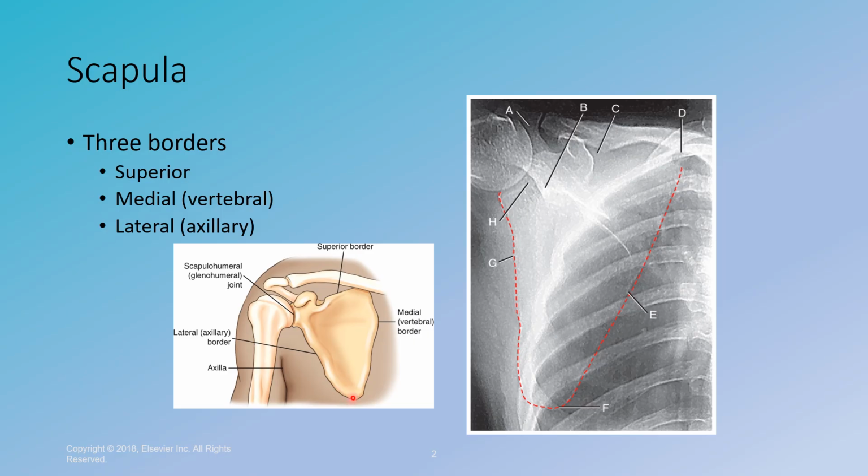Typically, the inferior angle of the scapula correlates to T7 on a sthenic patient. Then you've got the lateral or axillary border here. This is the shoulder, or scapulohumeral or glenohumeral joint. The axilla means the armpit, that's why it's called the axillary border. And the medial border is next to the vertebrae, so it's the vertebral border.